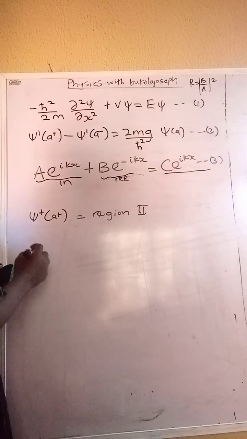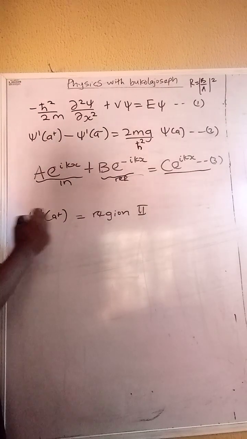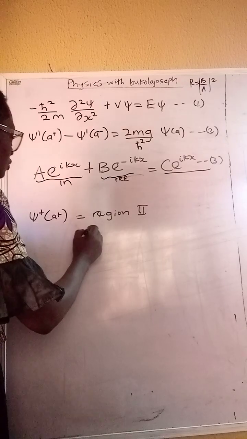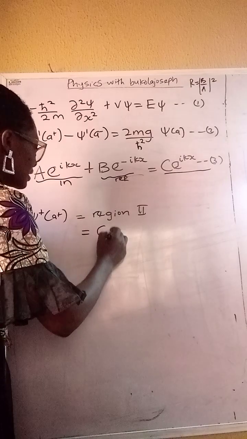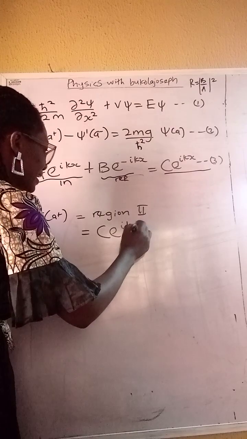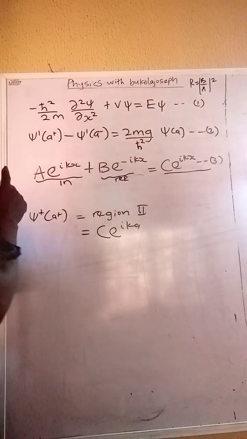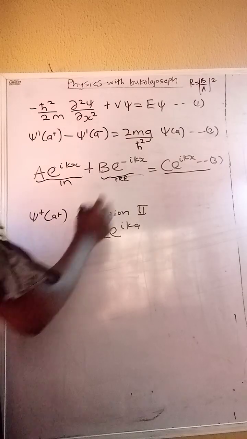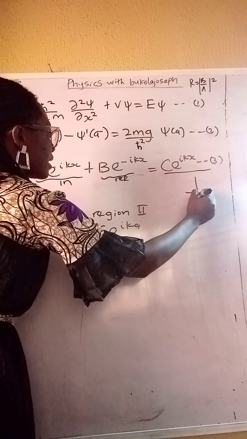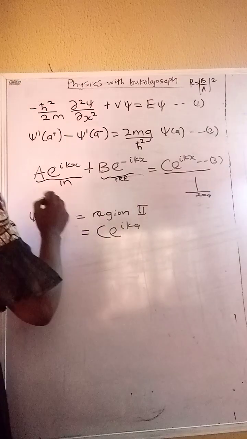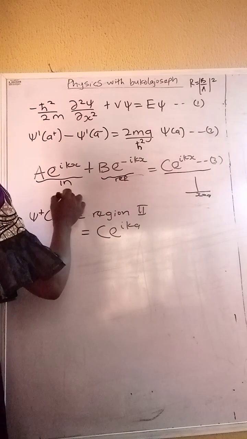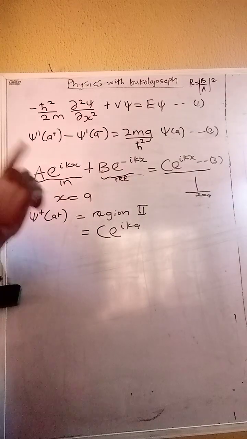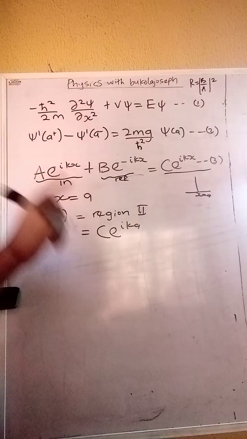Okay, and for region 2, the solution is simply equal to C exponential iKa. Okay, because using the boundary condition, if you still remember that diagram, at x is equal to a, the boundary, region 1 is equal to region 2.